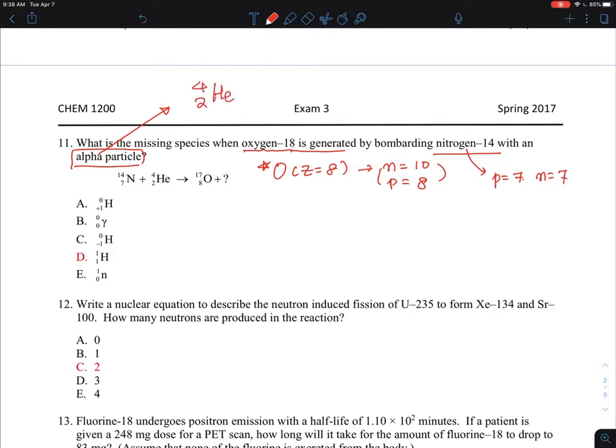We call it helium. You can put 2 plus or leave it out, that's optional. So that's why you are seeing nitrogen 14 bombarded with a helium alpha particle, and they are saying oxygen 18 is generated.